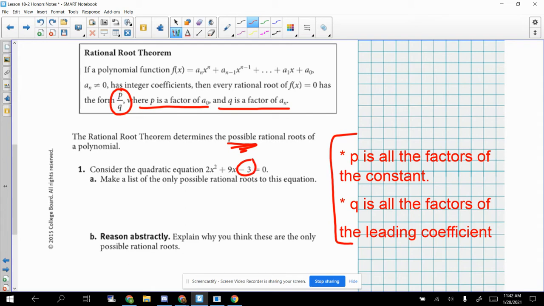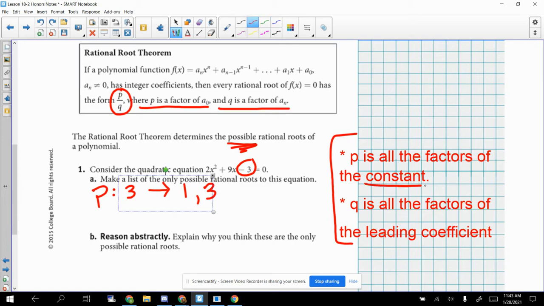The signs really don't matter, but we're going to say that our p is 3. Okay, and the factors of that are 1 and 3, right? What 2 numbers multiply to give you 3? 1 and 3.